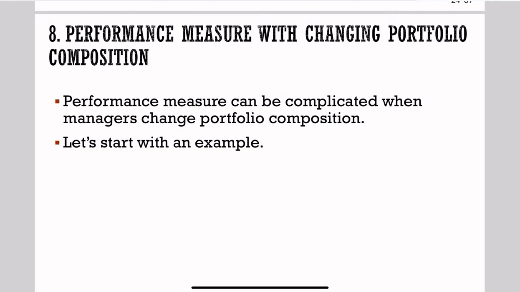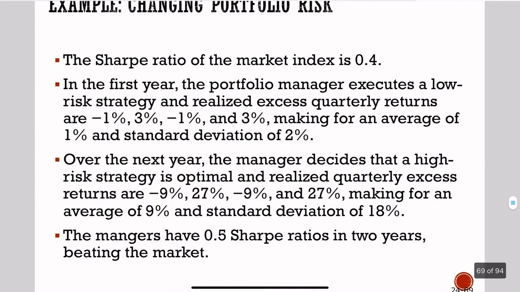But in reality, fund managers have the incentive and freedom to change their portfolio composition. And the performance measures can become complicated when managers change portfolio composition. So now let's start with a very simple example.